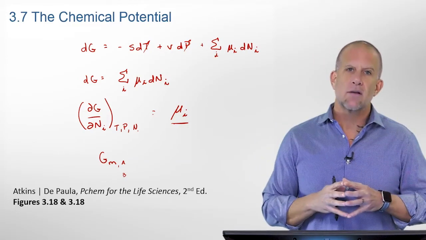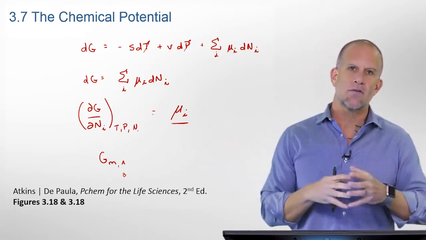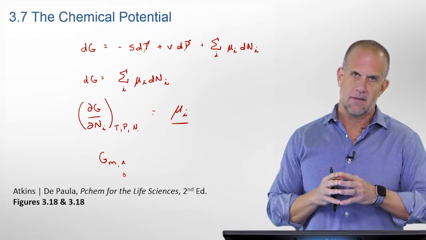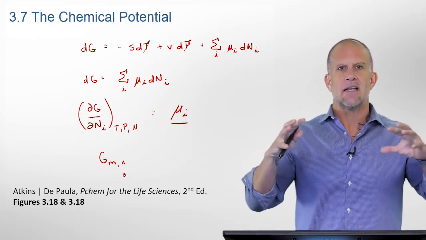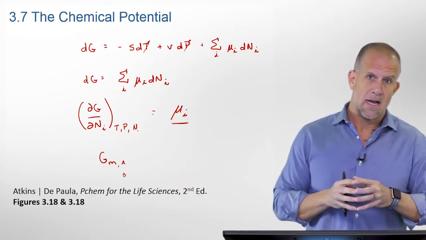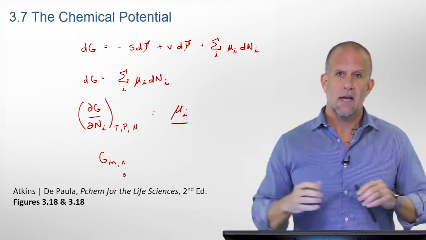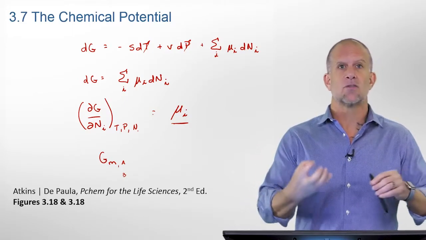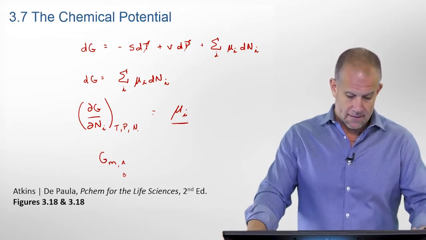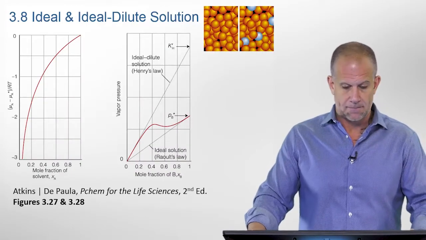And that's going to be a critical point moving forward, that each of the individual partial molar free energies is related to the chemical potential of that component. So it's introducing this idea of partial molar quantities in general. The Gibbs free energy is what we're mainly looking at here, but you can look at a lot of different partial molar quantities when you have multiple components. And this is a very common and useful way to look at this.